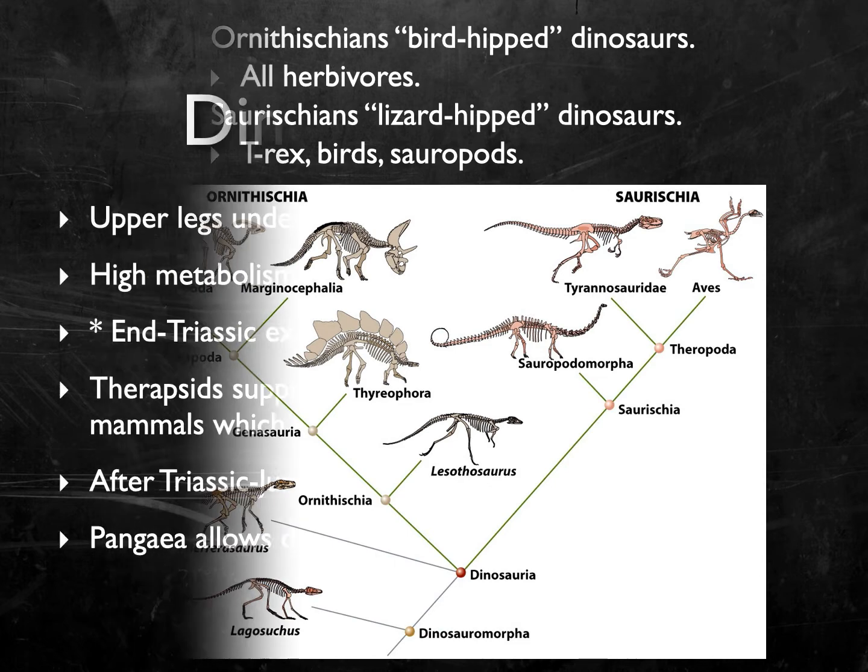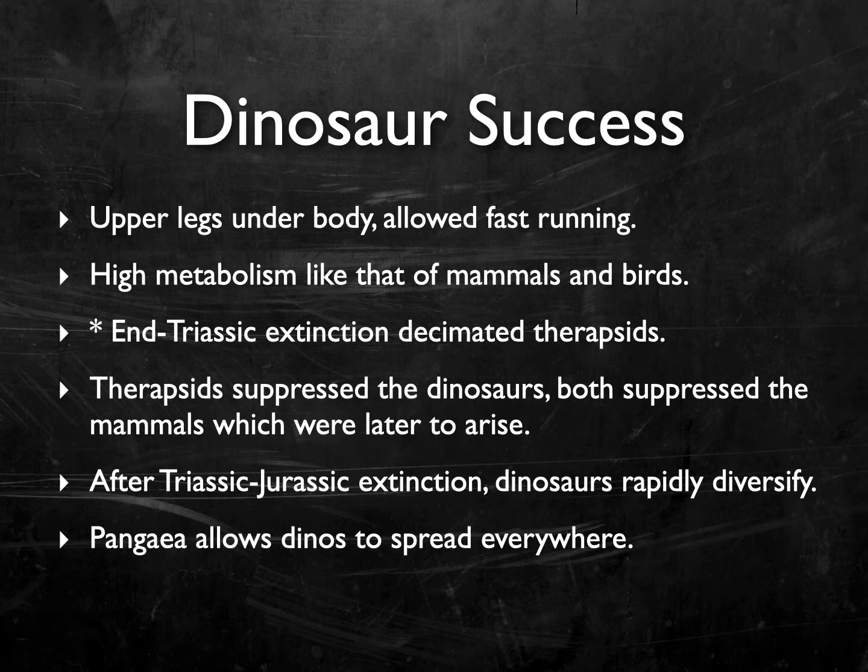Okay, let's move on and talk a little bit about what made the dinosaurs such a successful group. There's a lot of things that we could list. I put together a list of what I think are the main things that allowed them to be so doggone successful. Obviously, arising before mammals was helpful, because mammals are pretty tough critters. Like, we're pretty quality stuff here.